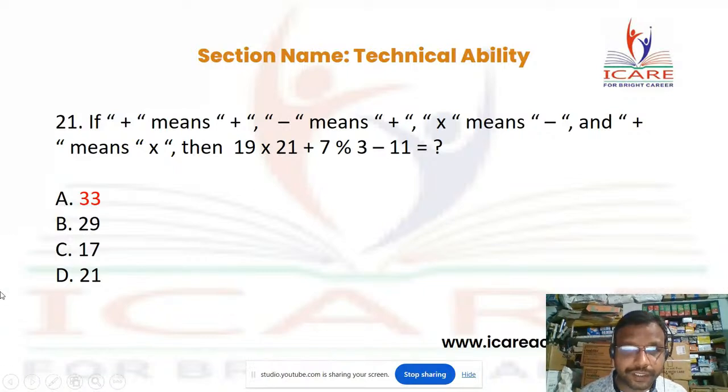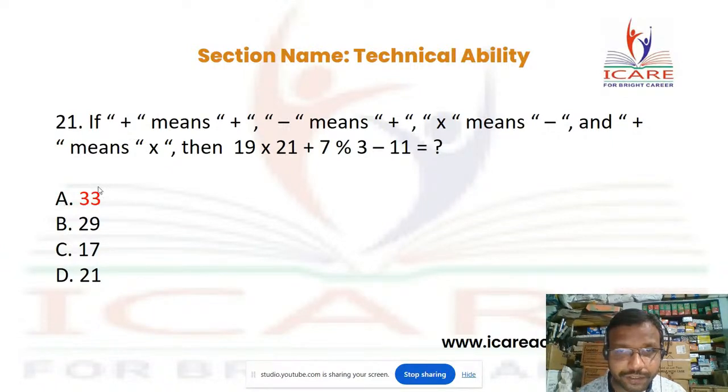So here, once again, please note the question mark. Plus means division. So both the symbols look like the same. That's why there is some confusion. So plus means division. Minus means plus.